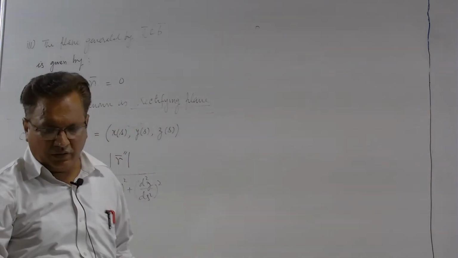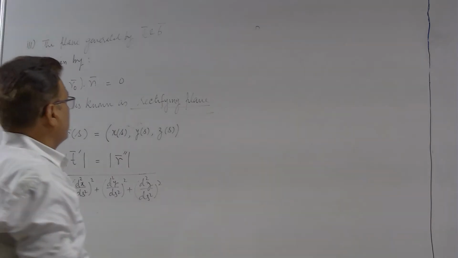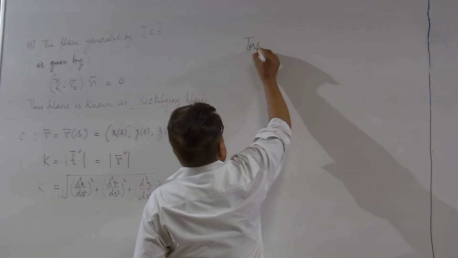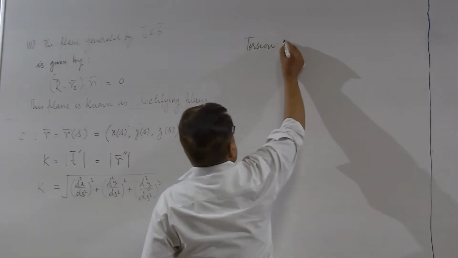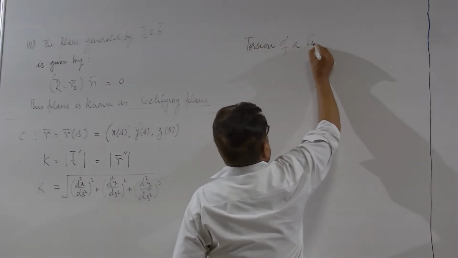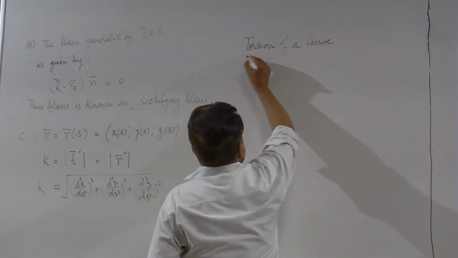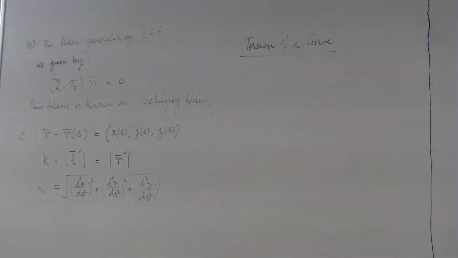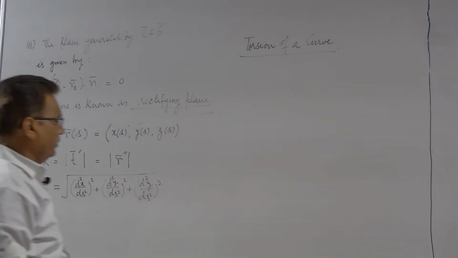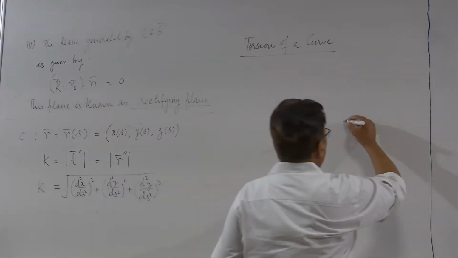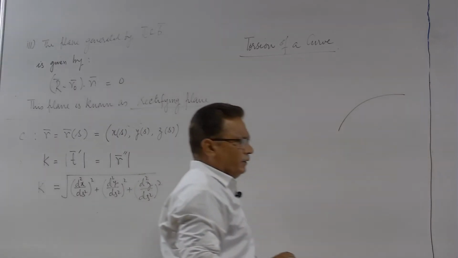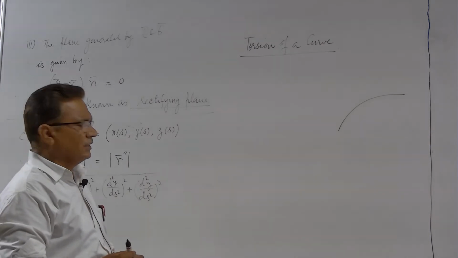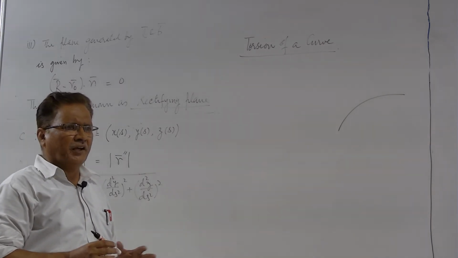So, torsion of a regular curve or a space curve. Now, if you have a plane curve with you, then you can easily notice that at every point of the curve, the binormal will remain the same.